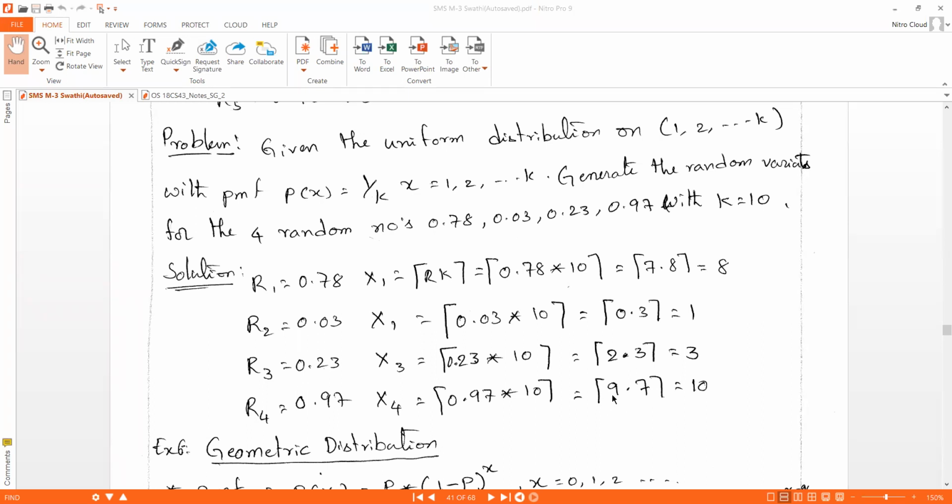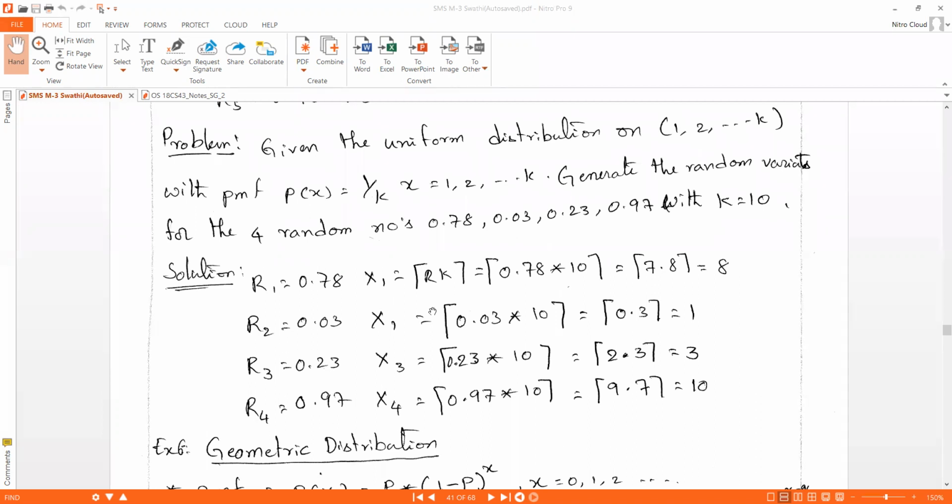It is mod of 9.7. If you remove this mod, the outcome value will be the upper limit value, so 9.7 will become 10.